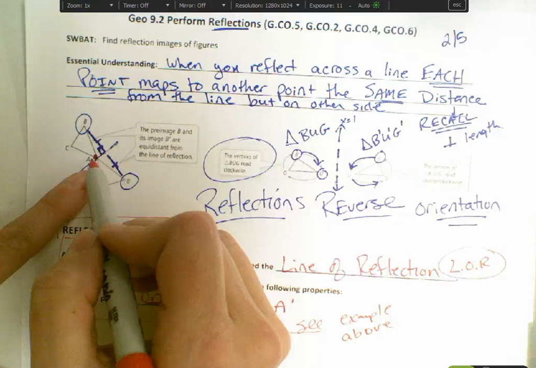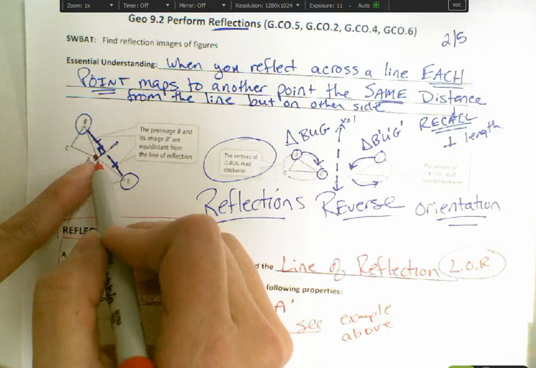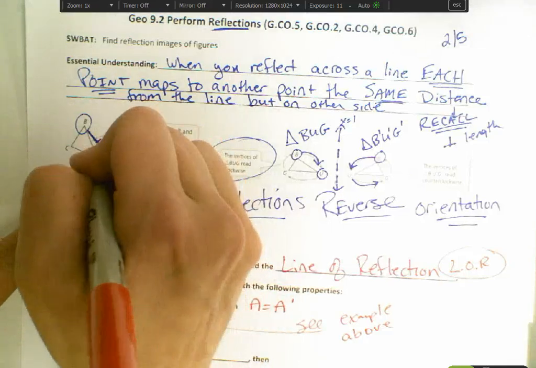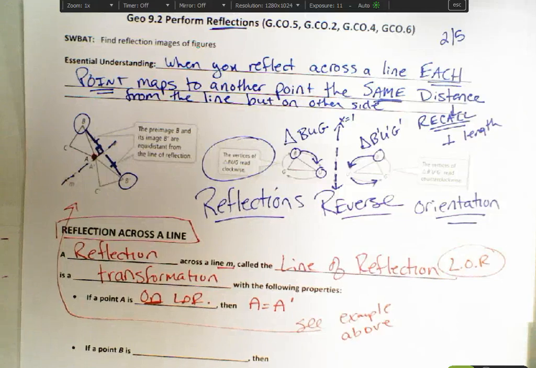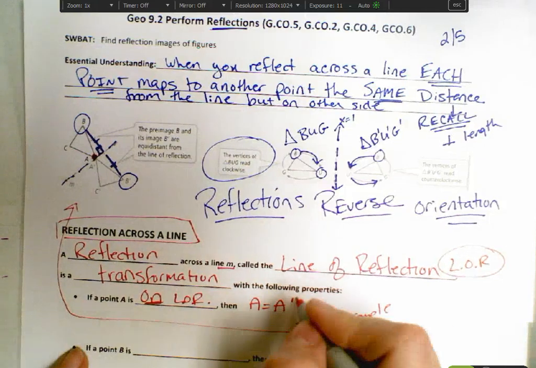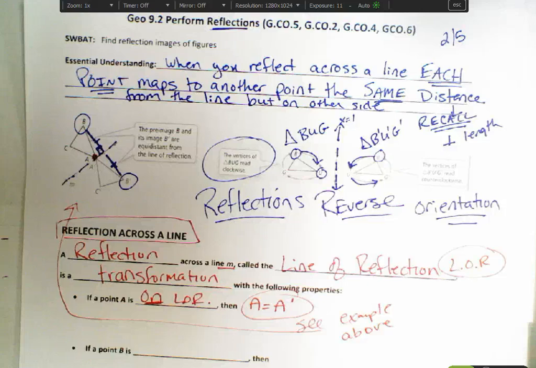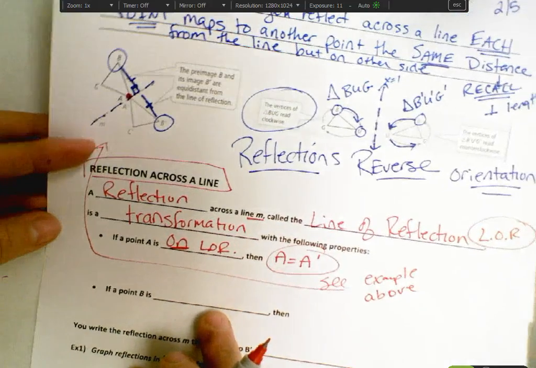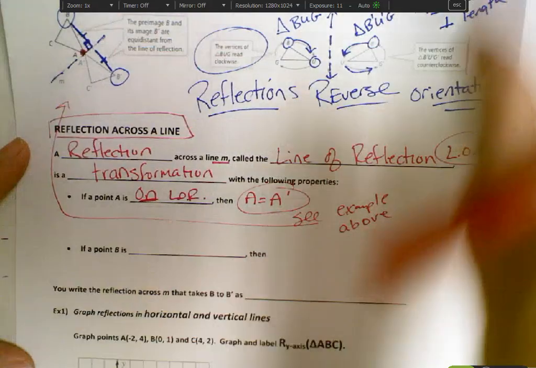So it needs to be the same distance away from that line of reflection when I reflect. Well, if it was 0 distance away to begin with, A prime has to be 0 distance away, and therefore A becomes A prime. So if it's on the line of reflection, then you know that point is the same exact point after you reflect it.